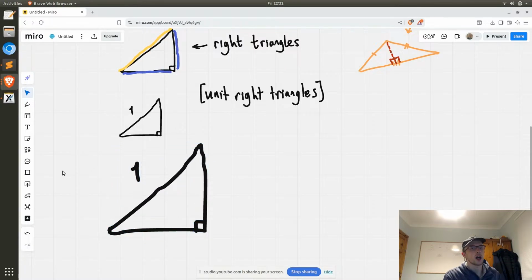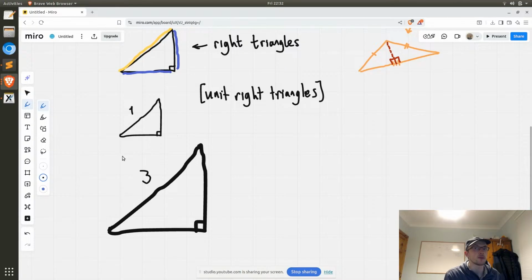So the hypotenuse no longer has a length of 1, obviously. Maybe it has a length of something like 3. I think I made it about 3 times bigger, right? But clearly the triangle is just a zoomed out version, it has exactly the same shape.